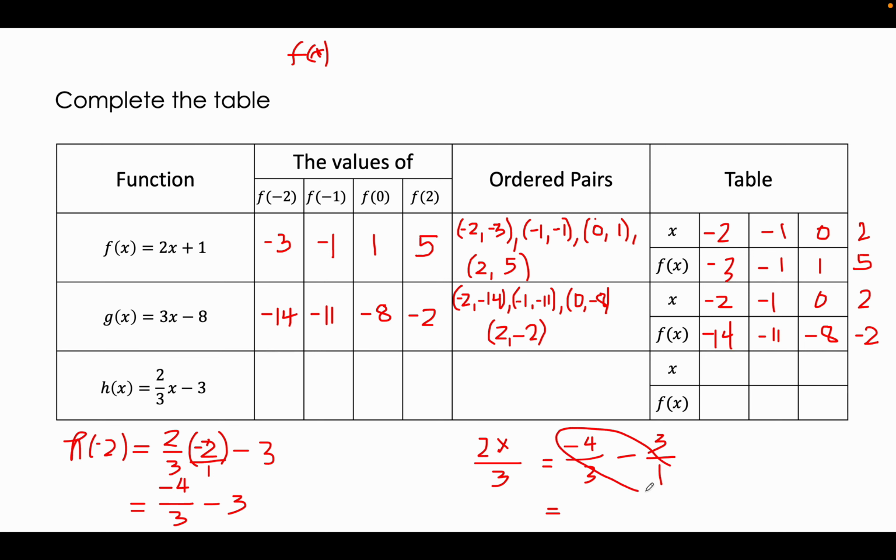So 1 times negative 4 is negative 4, and 3 times negative 3 is negative 9.